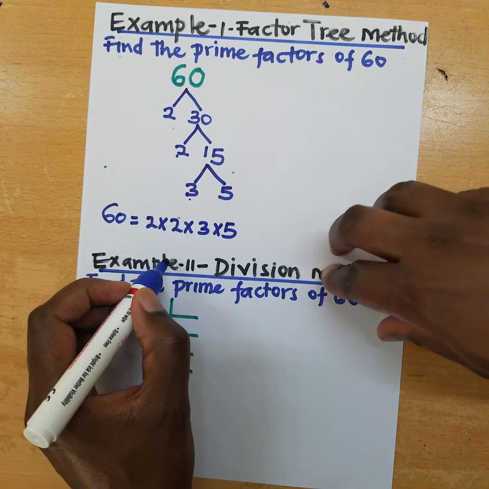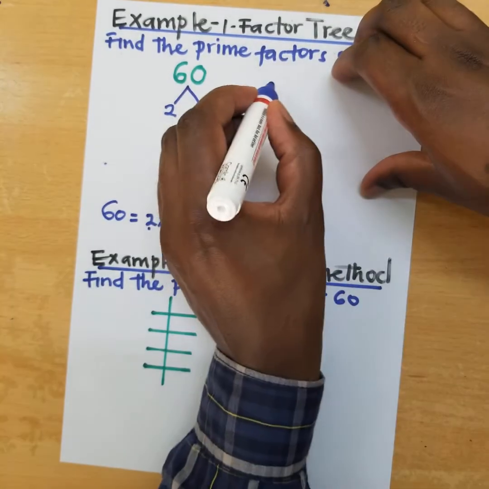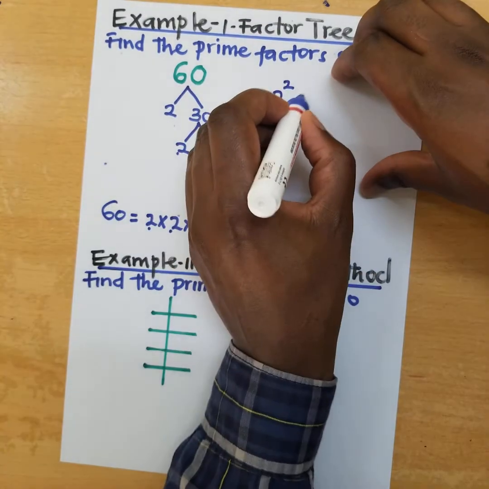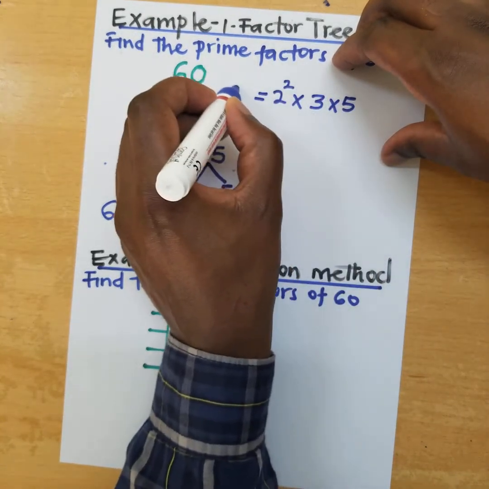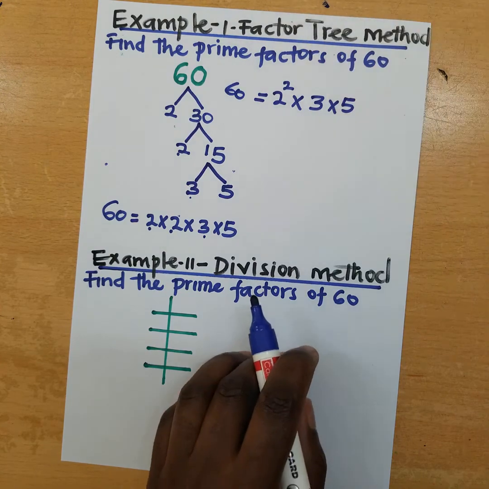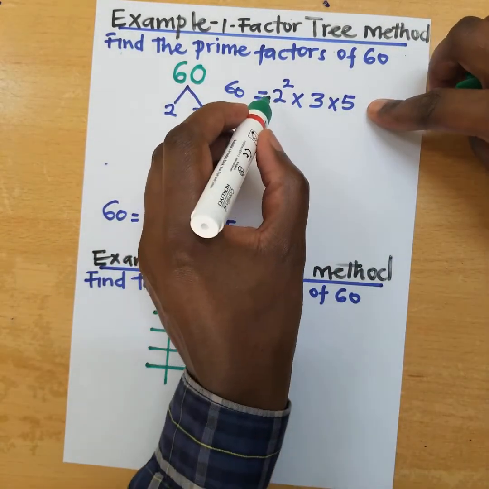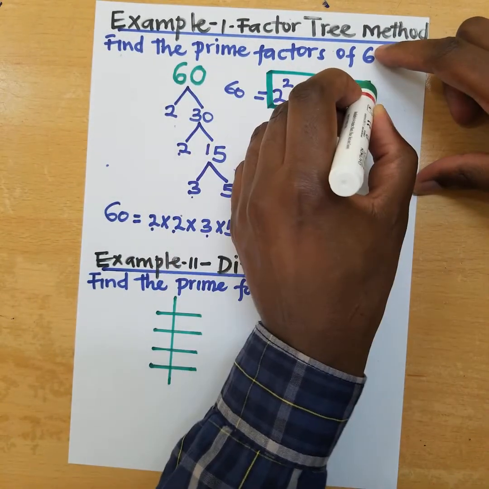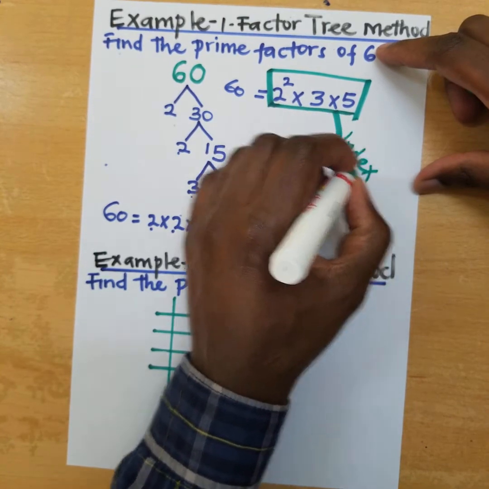Remember, when we are doing powers, 2 times 2 is the same as 2 squared. Then again, we have times 3 times 5. This is how I can write 60 in terms of prime factors. If I write 60 like this, it means I've written 60 in index form.